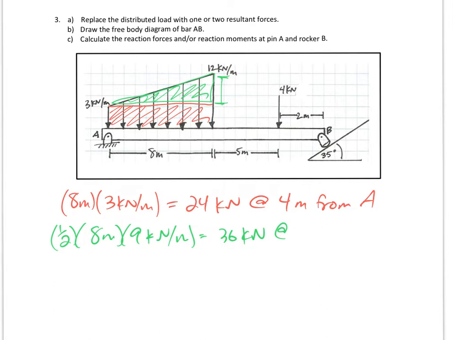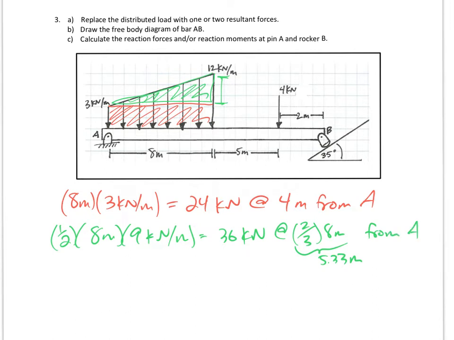The center of a triangle is 1/3 closer to the taller side, so that would be really 2/3. So at 2/3 of 8 meters, what is that? That is 5.33 meters from A.